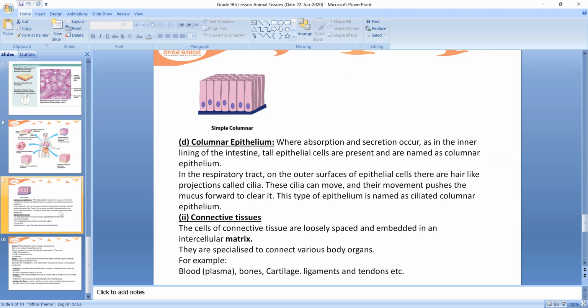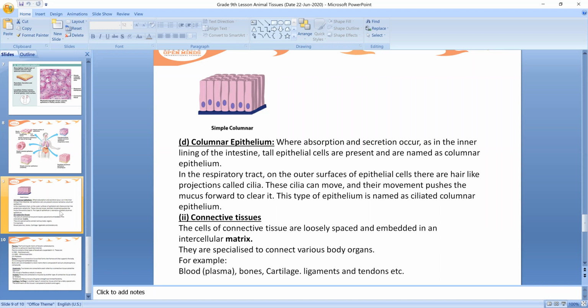These cilia can move. What are they helpful for? The movement of cilia is helpful to clear off the mucus. Inside your respiratory tract, mucus will be formed, isn't it? You know that mucus forms inside your respiratory tract, especially when you have a common cold.